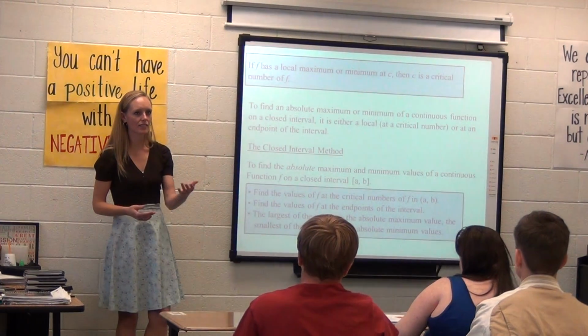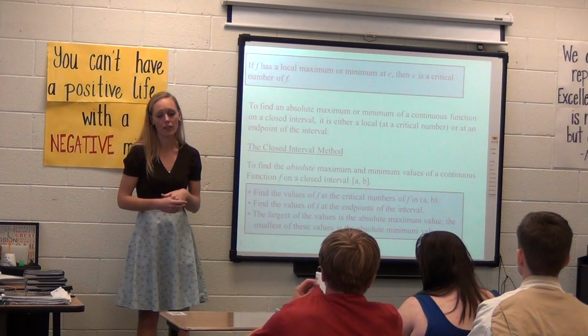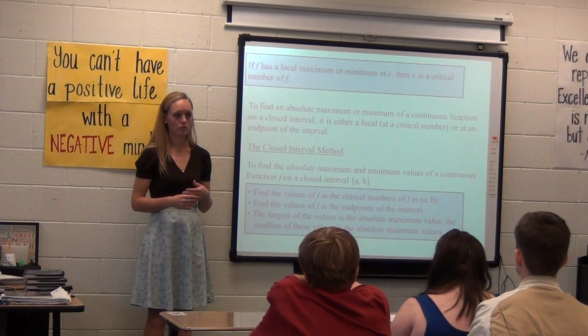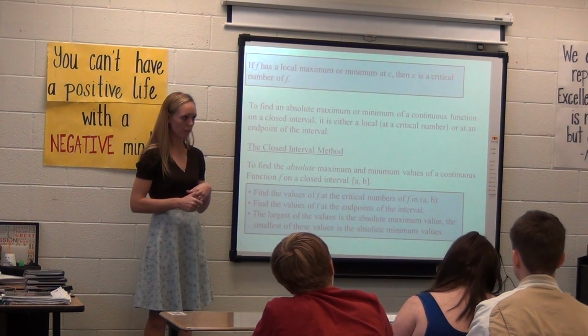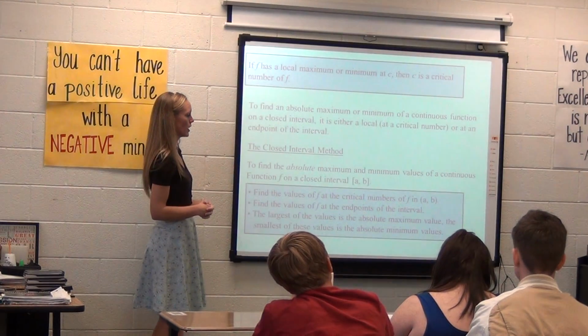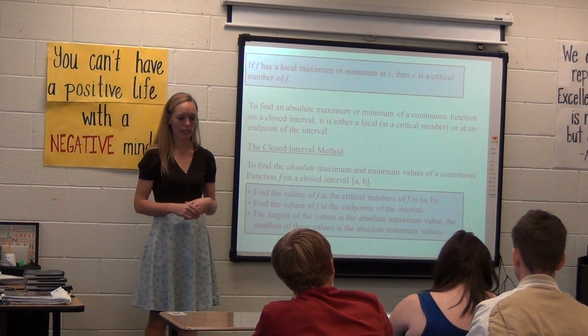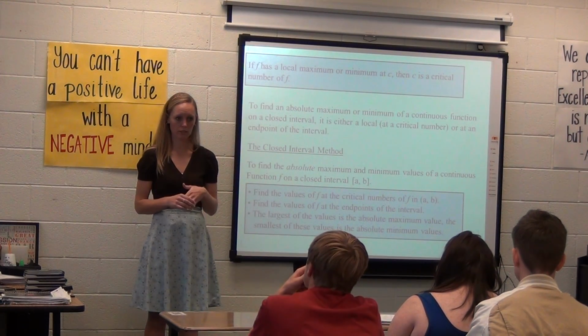What would make x equals 3 over 2 the place of the maximum value? If I evaluated my function at 3 over 2 and got the highest point in that interval, like a y value of 20, and nothing else was higher than 20.